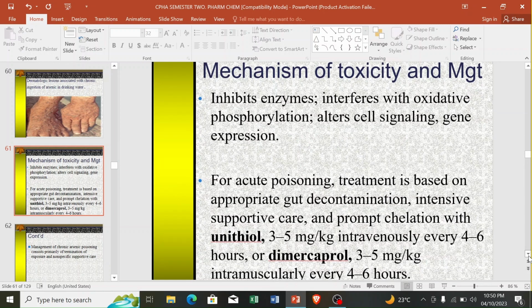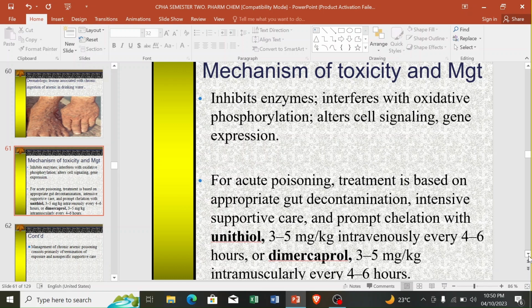So for acute poisoning, treatment is based on appropriate gut decontamination. Like make sure that if they swallowed it, you decontaminate the gut. The gut is the stomach, or the GIT.